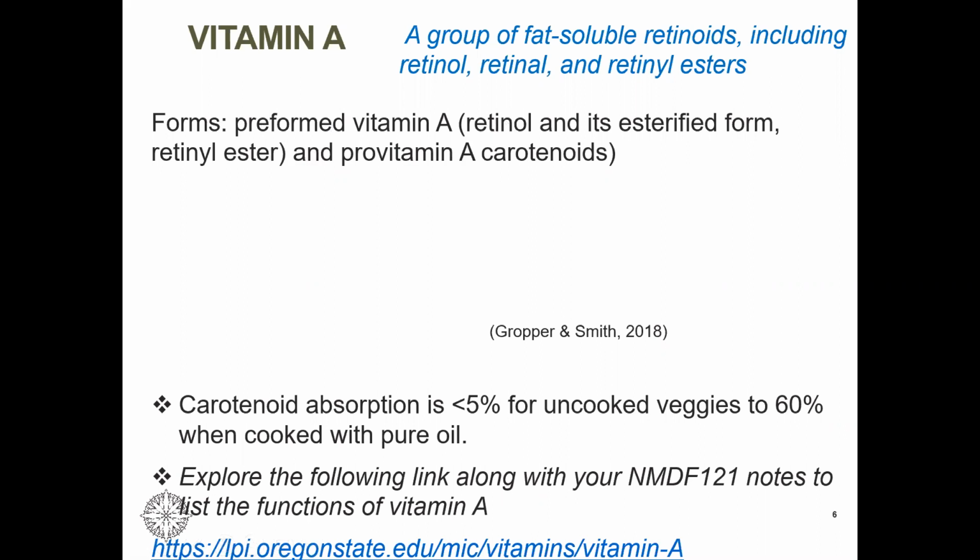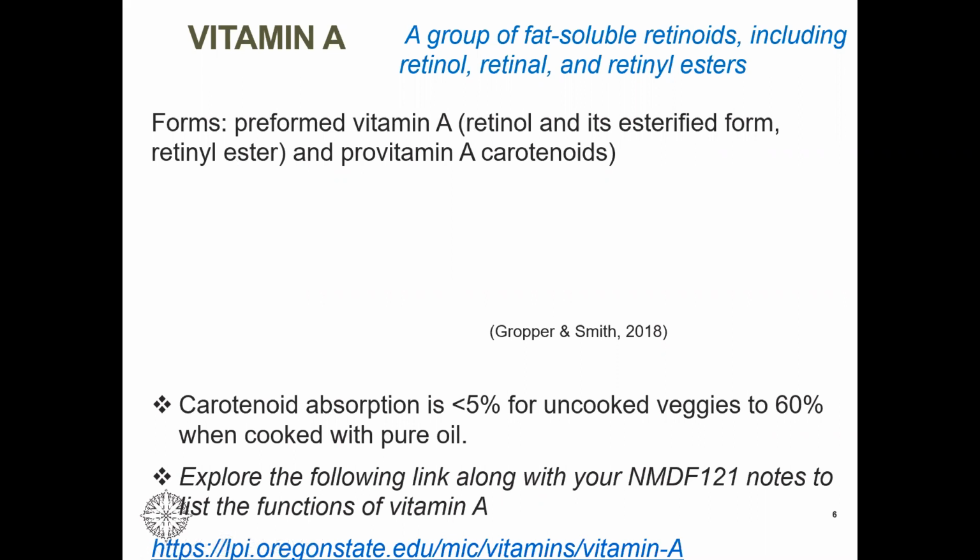Preformed means it is ready for its action in our body. It's ready to do its function. This is the ester form. What do I mean by ester? That it is attached to a fat molecule. So retinyl ester is the same thing as the fat form or the preformed vitamin A.